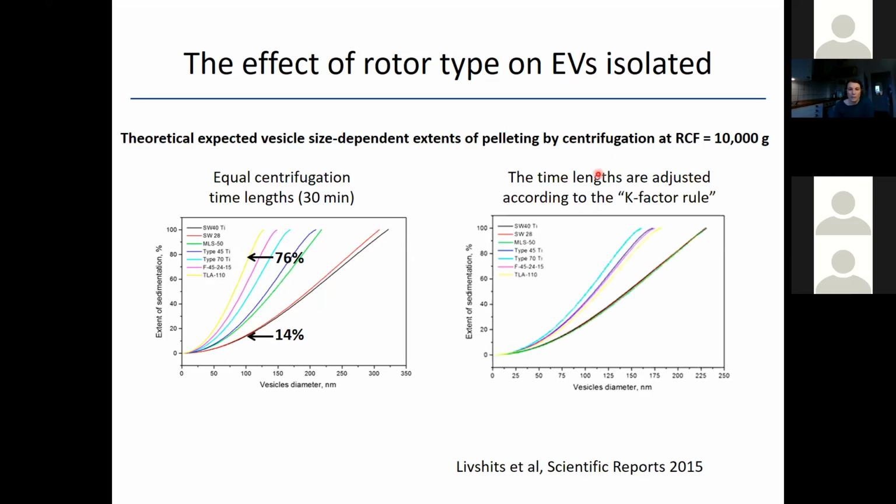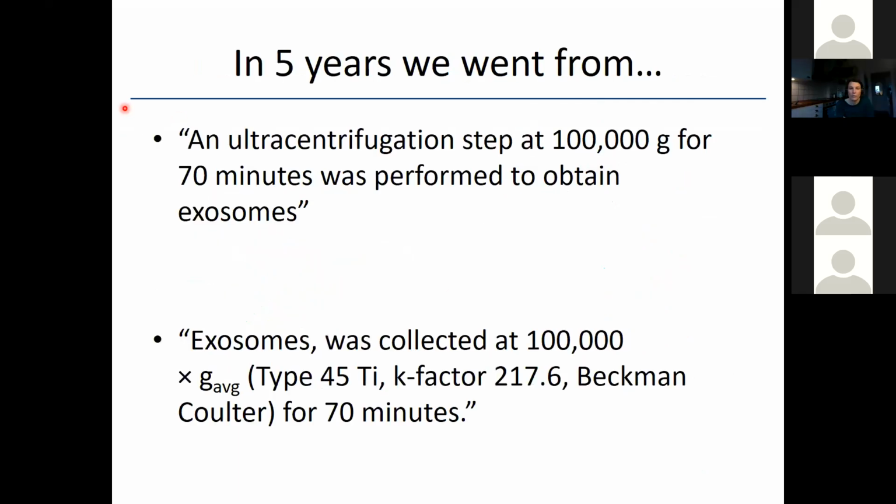If you calculate them, as I said, you can use this K-factor rule on the webpage of the company, and these move much closer to each other, you can see. But it means that you have to centrifuge for longer time for the rotor that is not as good in pelleting.